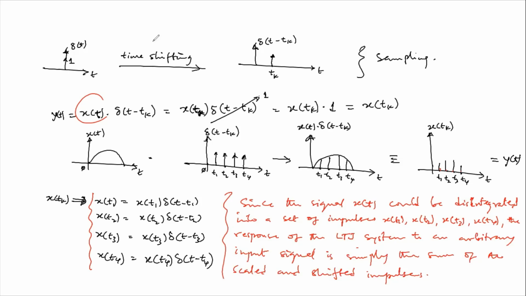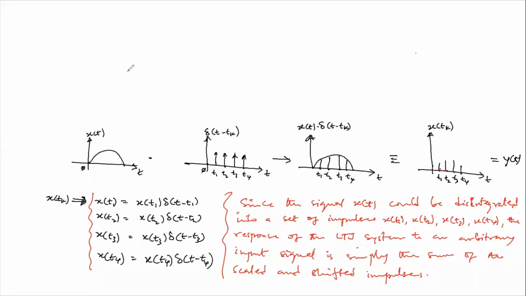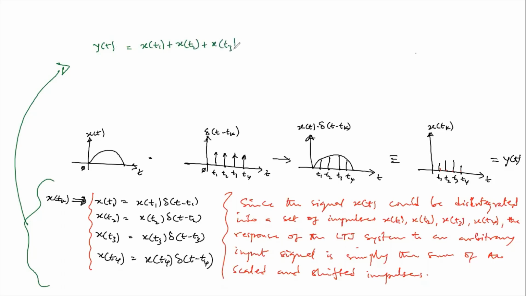Okay, so we can conclude from this deduction that y of t is the same as s of t sub 1 plus s of t sub 2 plus s of t sub 3 plus s of t sub 4 from this expression.